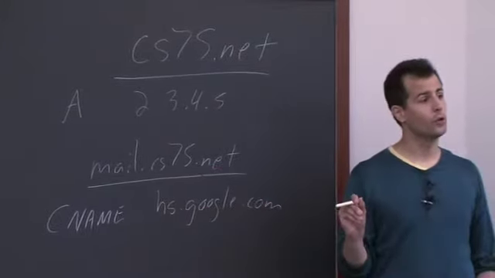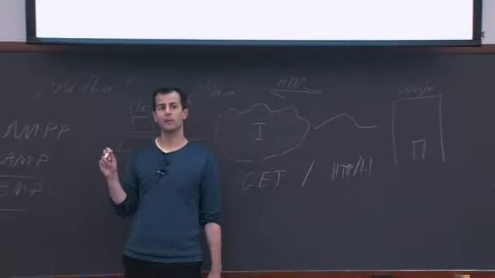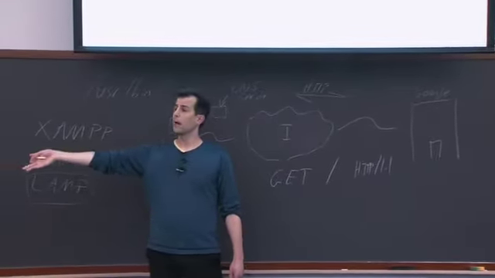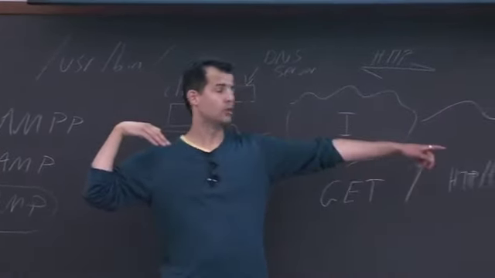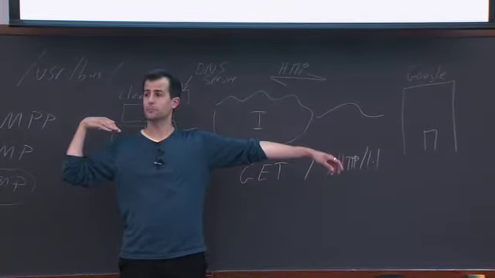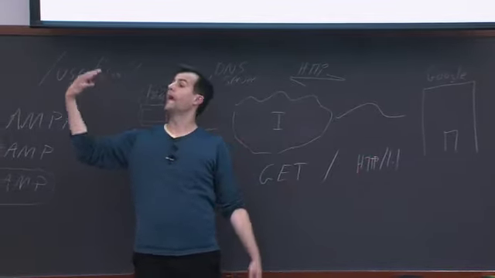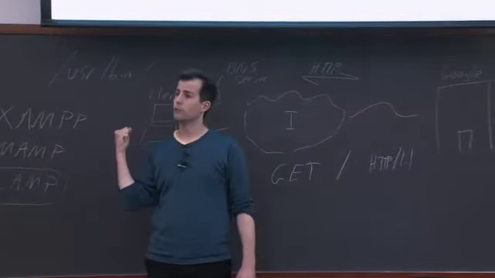Now here's the layer of indirection. If I tell that story from before and I try to visit mail.cs75.net, the DNS response I get back is not an IP address. It's in fact another fully qualified domain name, hs.google.com. So what does my laptop next have to do? Now look that up recursively, then I presumably get back 2.3.4.5.